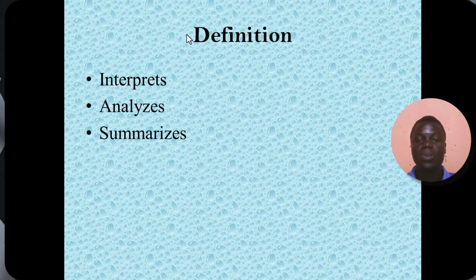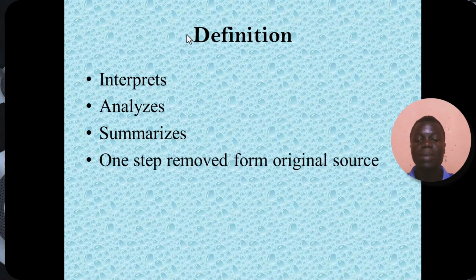It is not like a primary source which is picked or recorded at an event, but it interprets, analyzes and summarizes the information from the primary source, and therefore it is one step removed from its original source. The original source we mean is the primary source of information. It's one step removed in such a way that some of the things are altered.